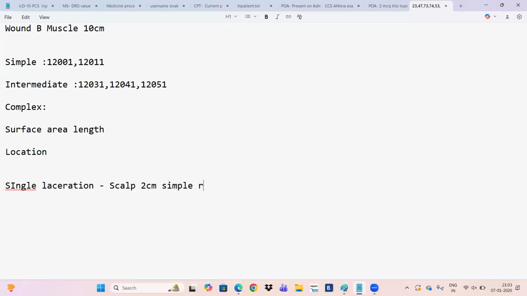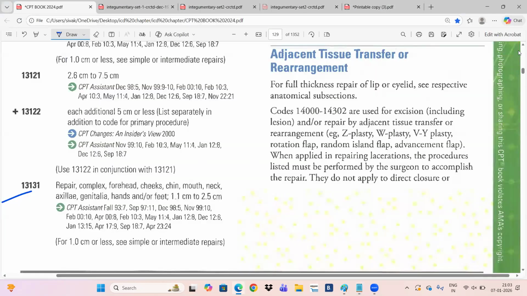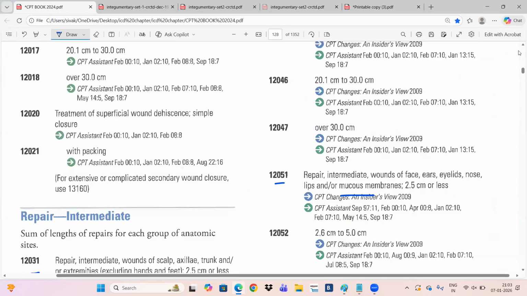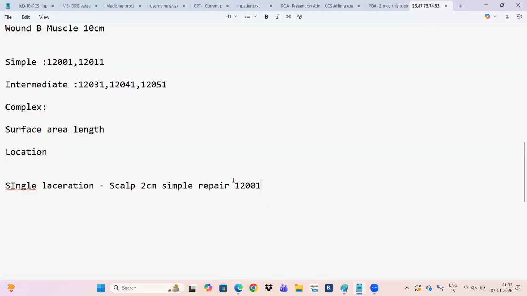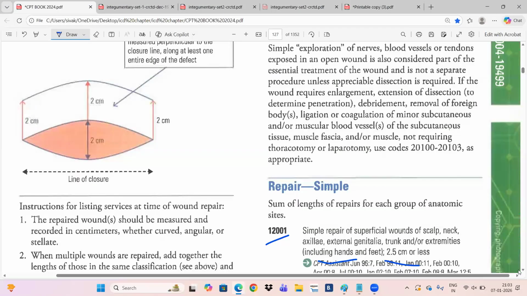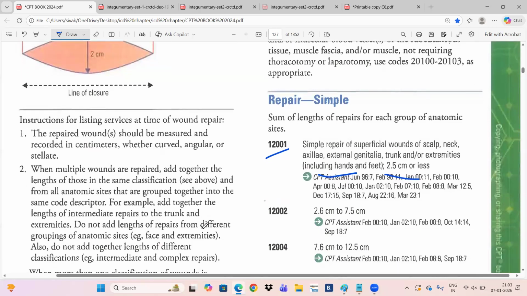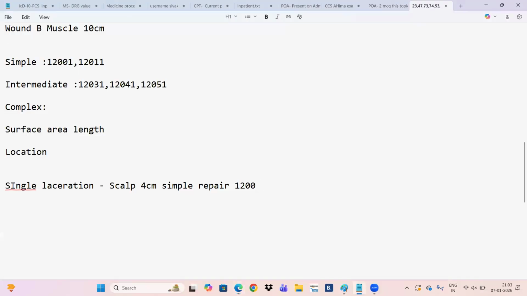What is the code? 12001. Suppose 4 centimeter, what is the code? 12002. Yes, 2.6 to 5 centimeters, simple repair.